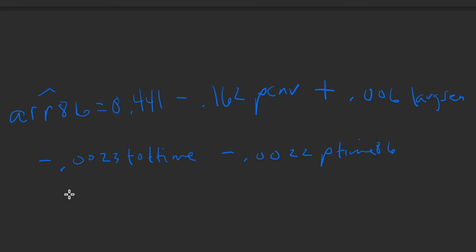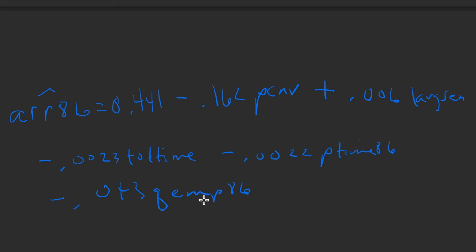Finally, minus 0.043 q EMP 86, where this variable takes on 5 different values: the number of quarters that the man was legally employed in 1986, so that can be 0, 1, 2, 3, or 4 quarters.